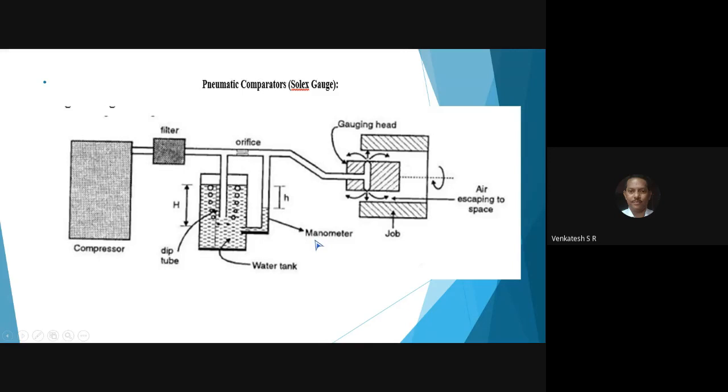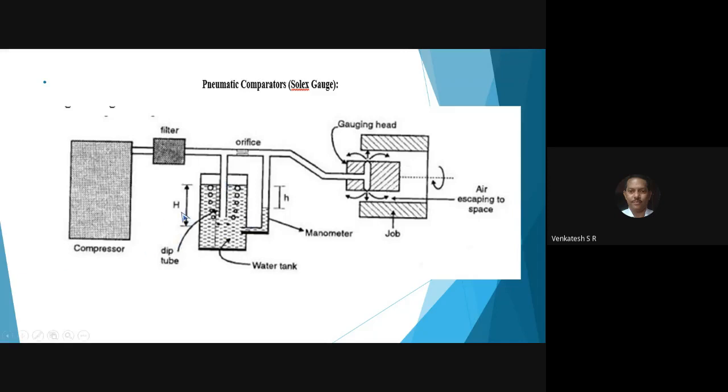This is very, very important for mechanical engineers: how to connect the manometer in the pipeline to measure the water pressure or air pressure. Say, this is the height h, that is the depth of the tube which is inserted in the water tank.